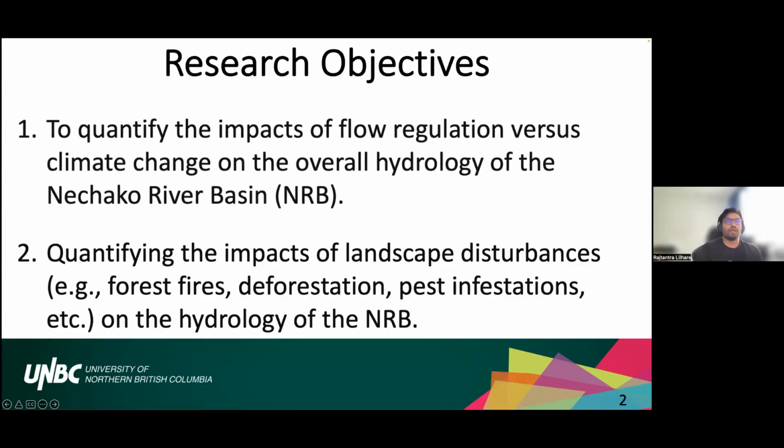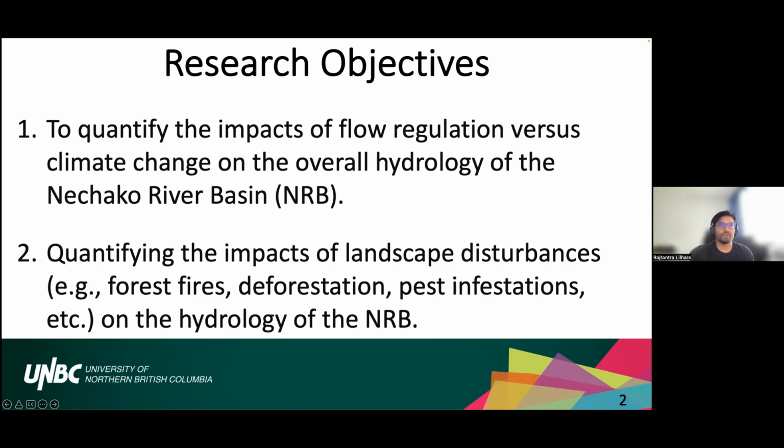First of all, the impacts of climate change versus flow regulation on hydrological responses and water balance have not been thoroughly analyzed till now, particularly over the Nachako River Basin. It is important to know the hydrological status of a river basin due to land cover disturbances, and hydrological modeling plays an important role to visualize and understand these effects on the watershed hydrological system.